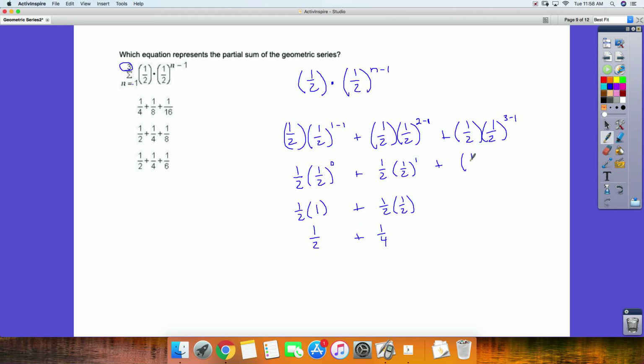And then 1/2 times 1/2 to the second power. That gives us 1/2 times 1/4, which gives us 1/8. So that means this guy is our answer. So when we have to use sigma notation, we have to write this exact formula for each value of n, from the starting one to the ending one.